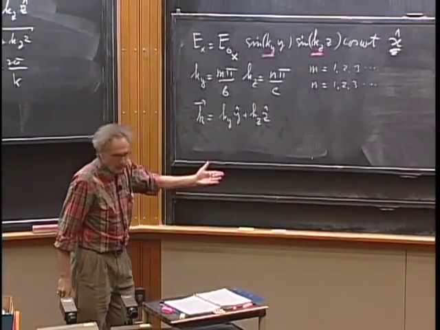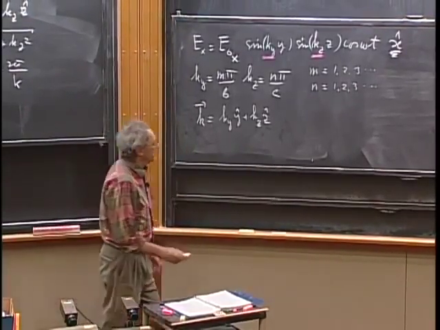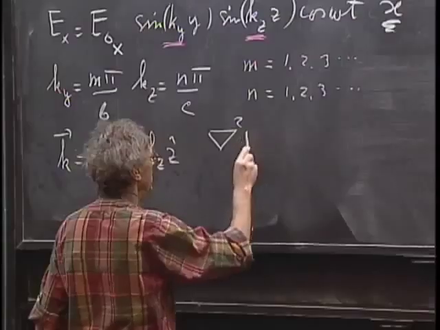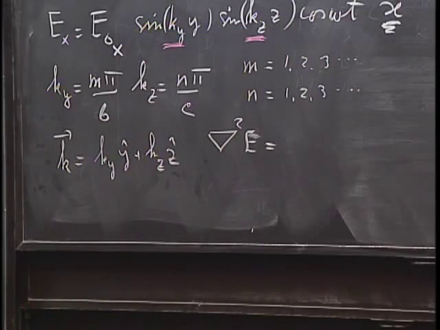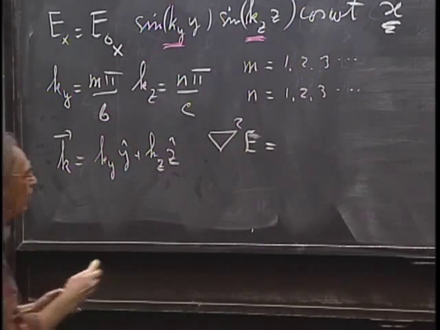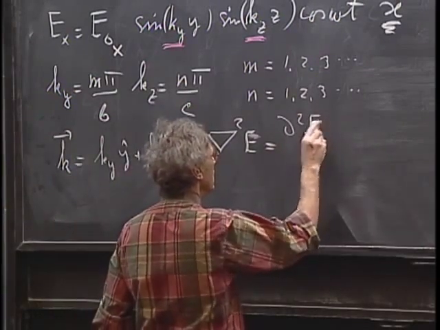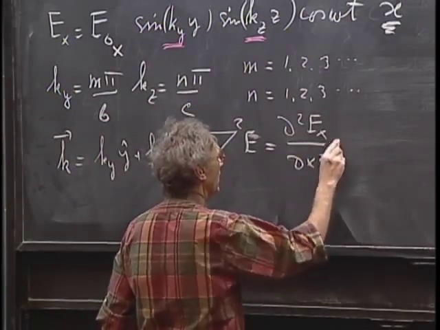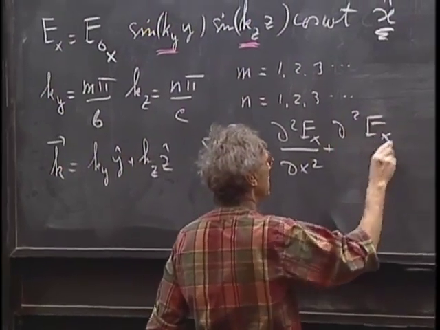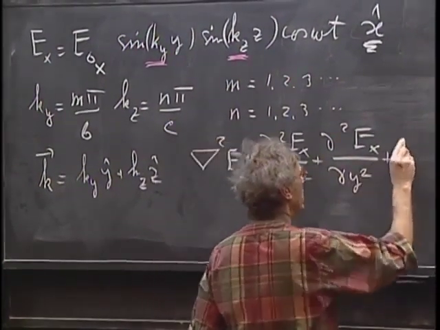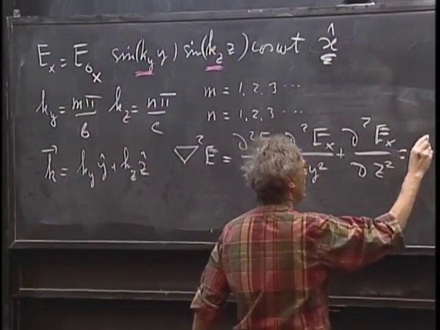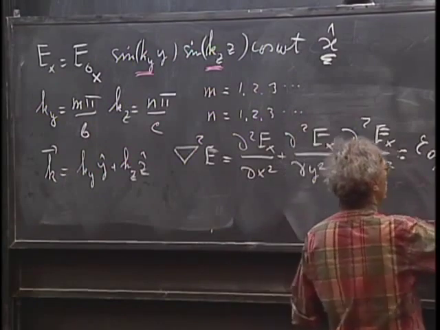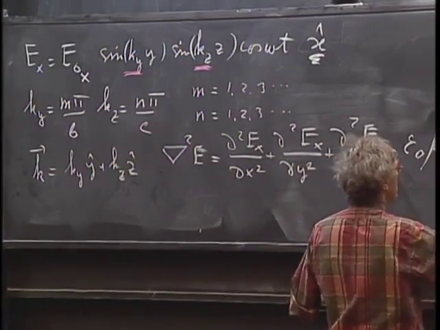And so we get k of y times y plus k of z times z. The wave equation, del squared E, if I apply the wave equation now only to the x component, of course we should also apply it to the y and the z component, I only do it now to the x component, then we get d2 Ex dx squared plus d2 Ex dy squared plus d2 Ex dz squared equals epsilon 0 mu 0 times d2 Ex dt squared.